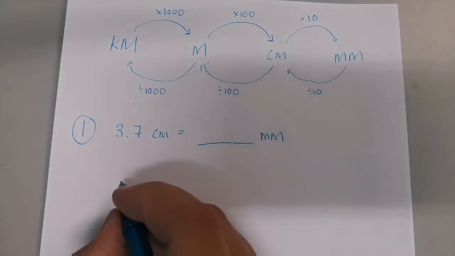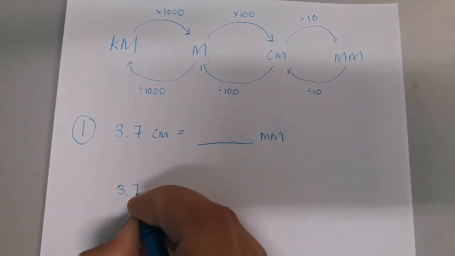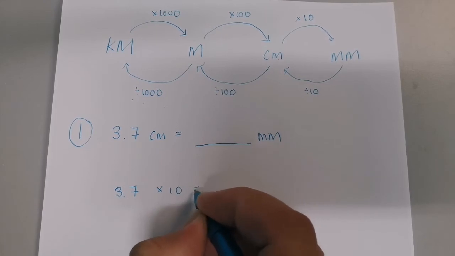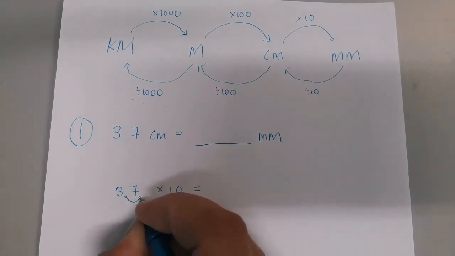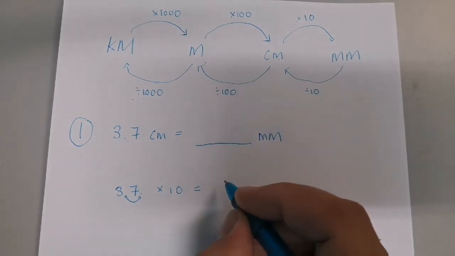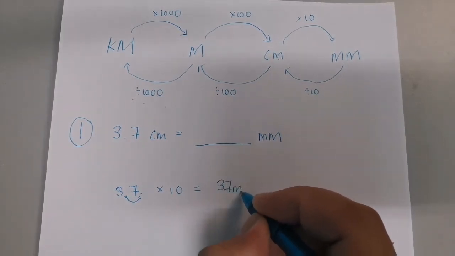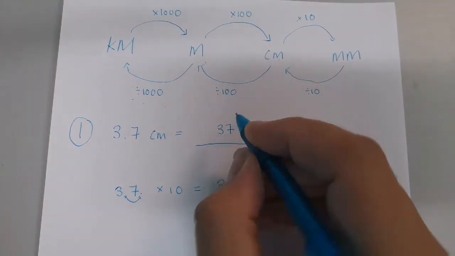So we use the decimal method where you shift the decimal point. 3.7 times with 10. The decimal point, you shift it to the right side, one time. So your answer should be 37 millimeter.